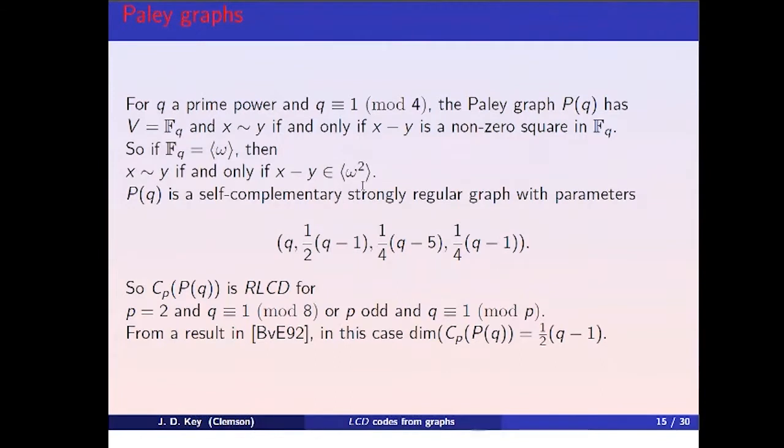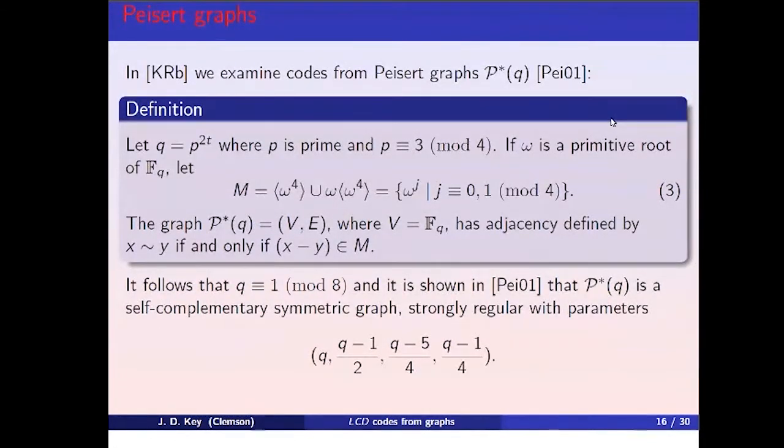Or, if you want to do some other prime P odd, Q must be congruent to 1 mod P. And the dimension is a half of Q minus 1, and the other one, the RC, is a half of Q plus 1. This is Brouwer and van Eijl, I think. I don't have the paper, but it's not hard to get this anyway. So those are the parameters of the Paley graph.